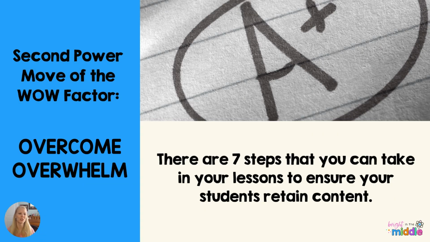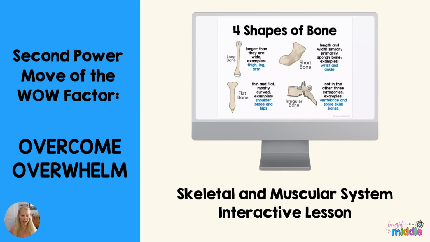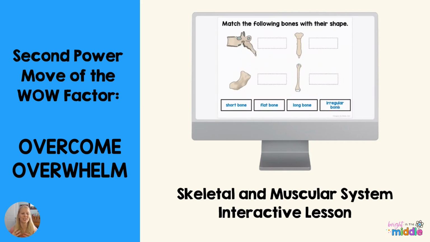So now you're ready to dive into the second power move of the wow factor, and that is to overcome overwhelm. And you've already taken the first step. They've already got their minds reeling and learning and thinking about the content. So the next thing you want to do is use the 7 steps when you're teaching your lesson to make sure that your students retain the content. So I use these to create these interactive lessons.